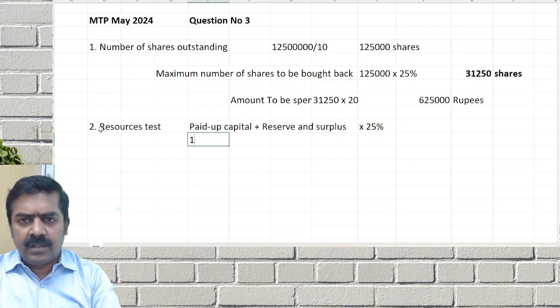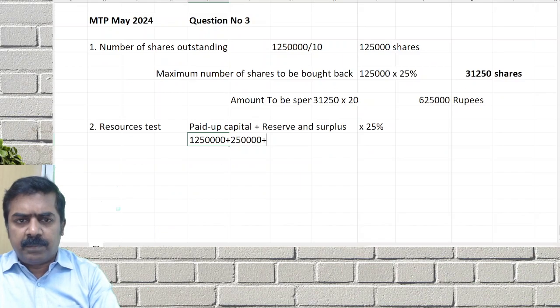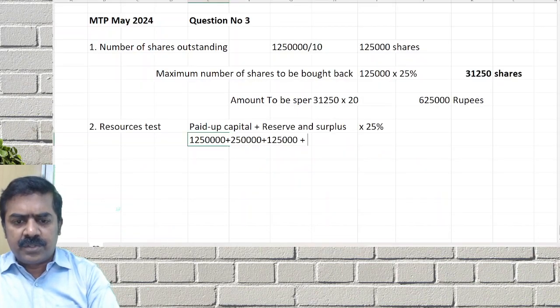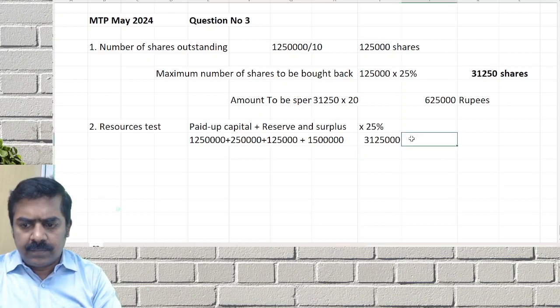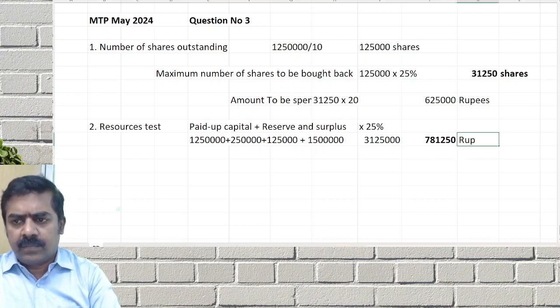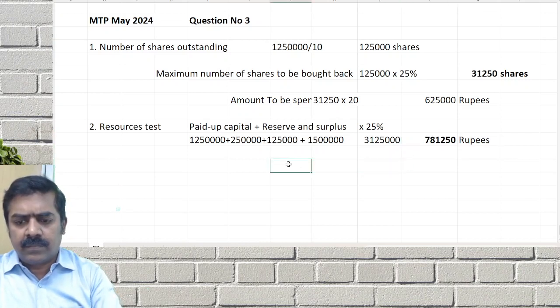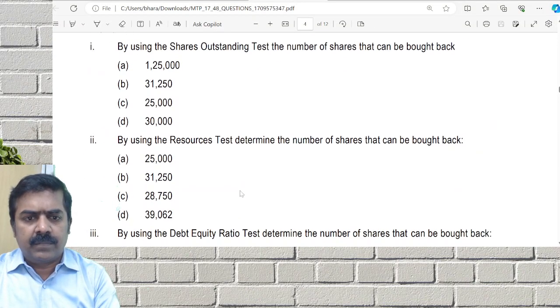Can you tell me what is the paid up capital? 12,50,000 plus what are the reserves? 2,50,000 securities premium, P&L account 1,25,000 plus revenue reserves 15 lakhs. Answer is D.